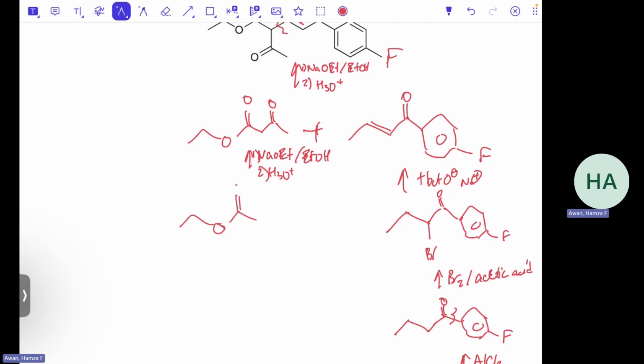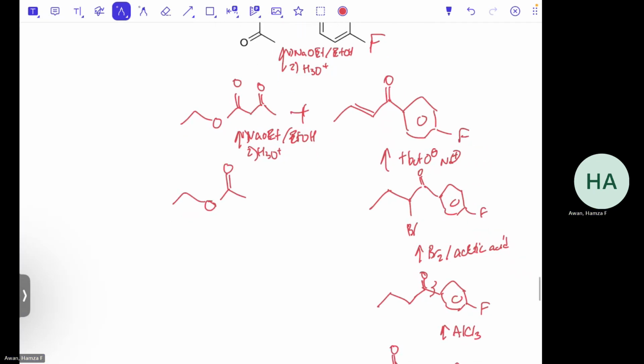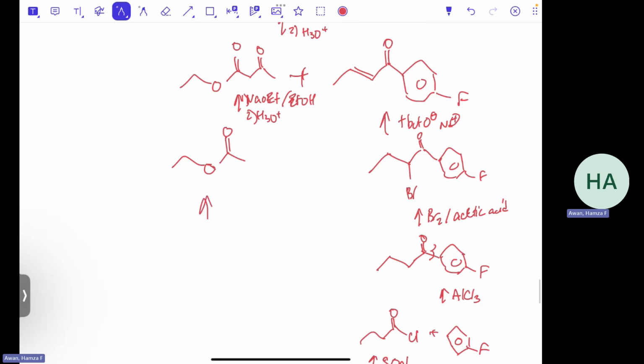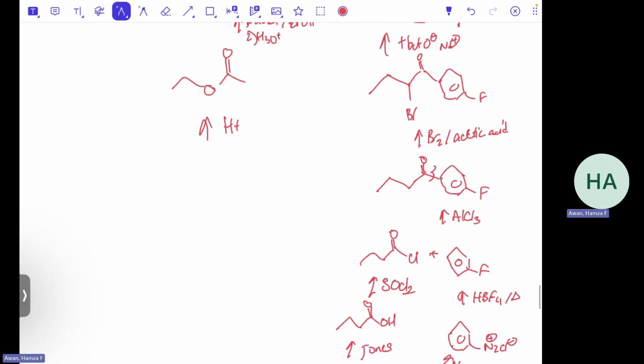So we have our ester. And now what we can do here is form the carboxylic acid from the Fischer esterification. So we can put H+ over the arrow to signify Fischer esterification.